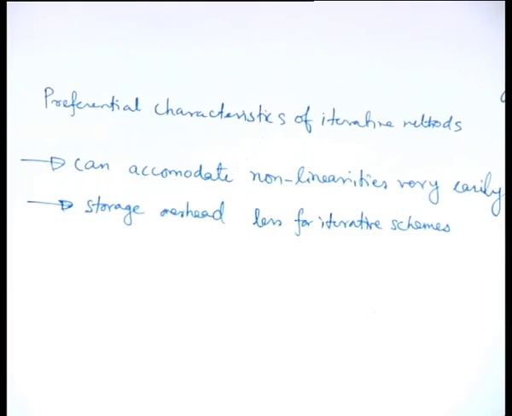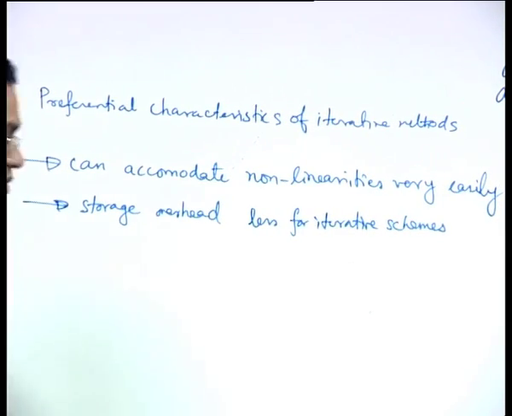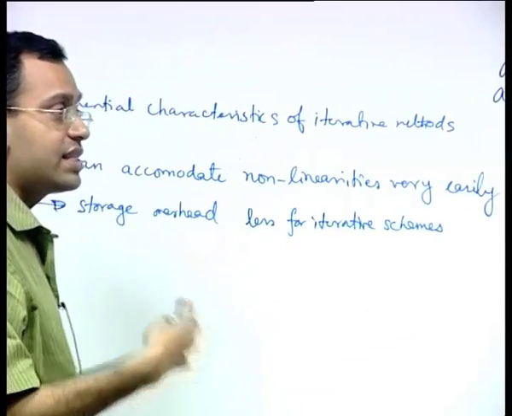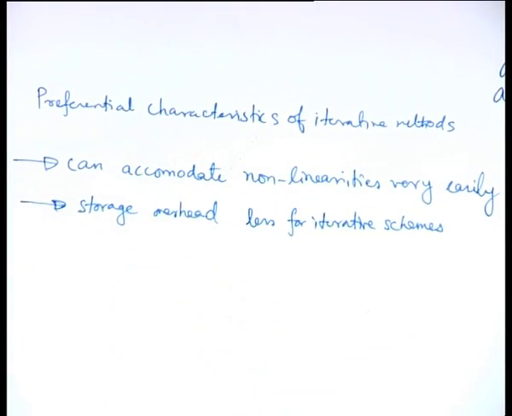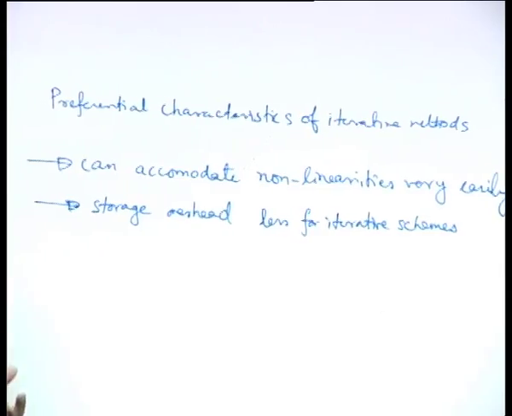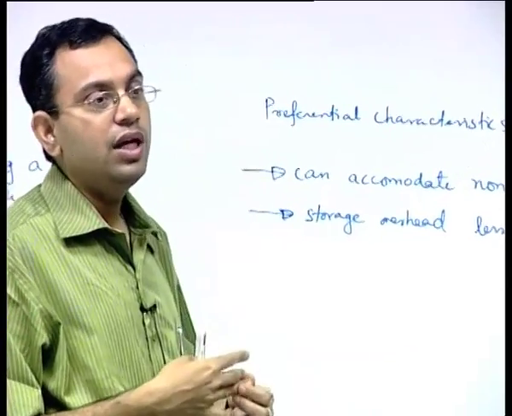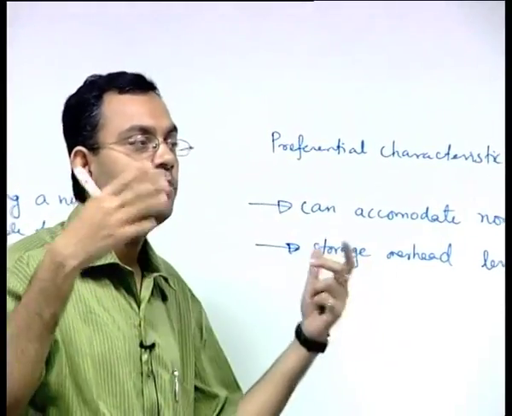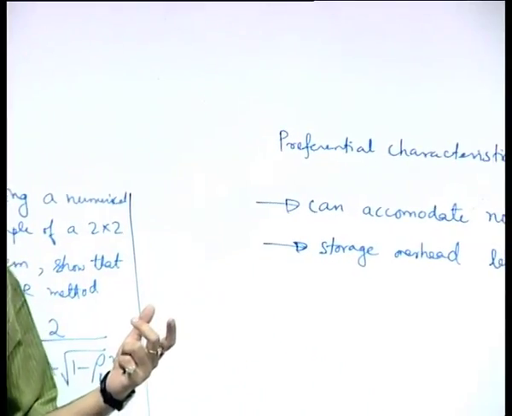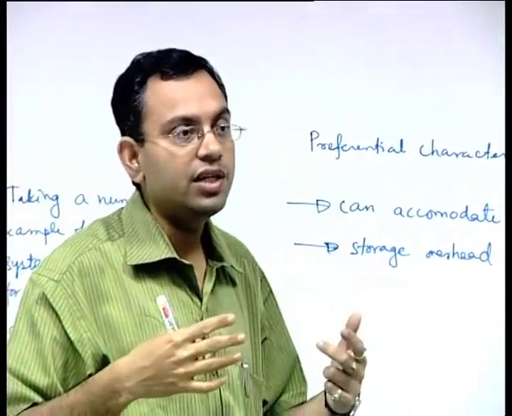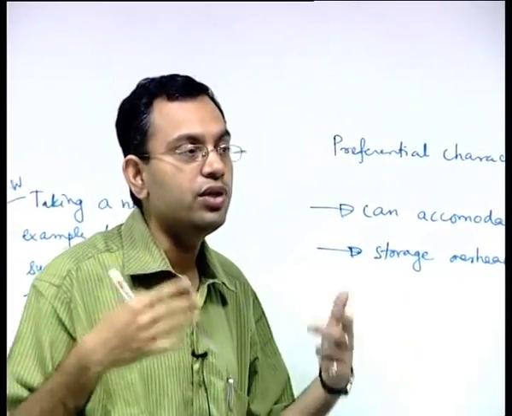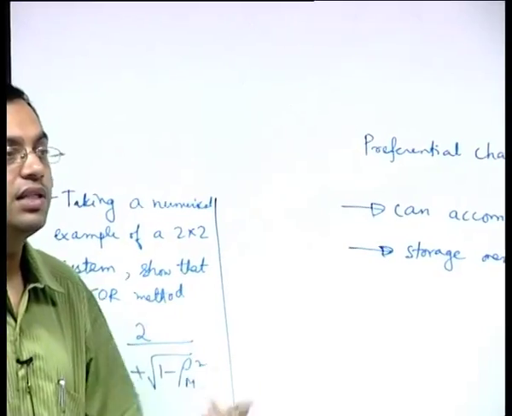But are all aspects of iterative schemes so good? We have to assess. One of the important assessments is that if you refine the mesh spacing, your rate of convergence decreases. In our previous lecture we worked out an example where we decrease the mesh size from say 10 to the power 3 by 10 to the power 3, we coarsened it to 10 to the power 2 by 10 to the power 2, and we showed that rate of convergence increases.